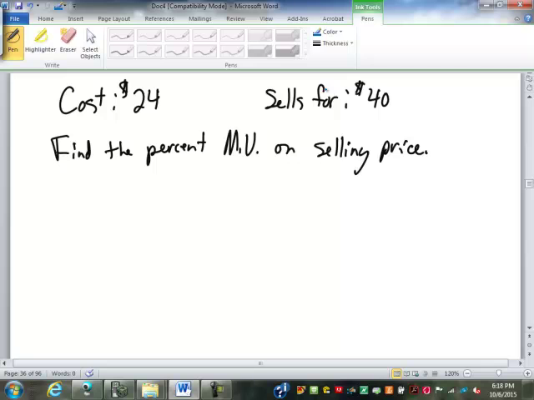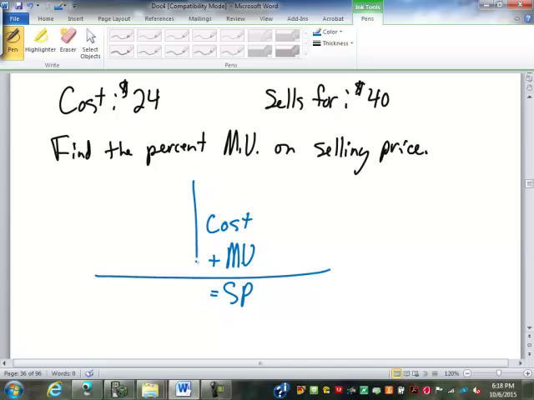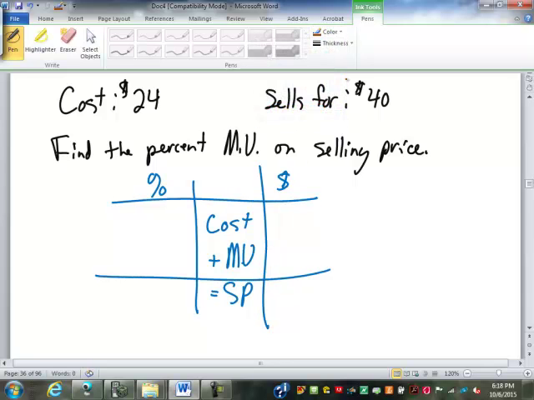So again, our table starts out the same. Cost plus markup equals selling price. Percents and dollars. Where does our 100 go here? Percent on selling price. So 100 goes down here.